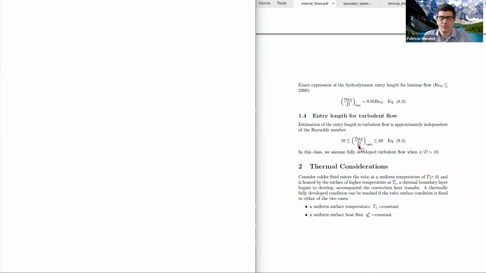In this class, we're going to be using 10 diameters. So what is the entry length when the fluid is turbulent? 10 diameters. And that means a turbulent boundary layer is developing until it collides with the other turbulent boundary layer on the other side. And from then on, we have a fully developed turbulent flow. And that distance is 10 diameters.